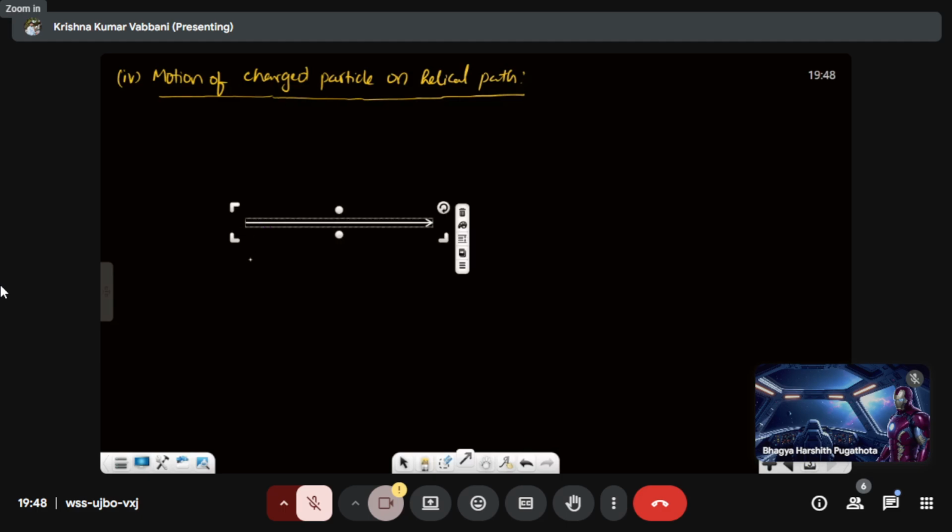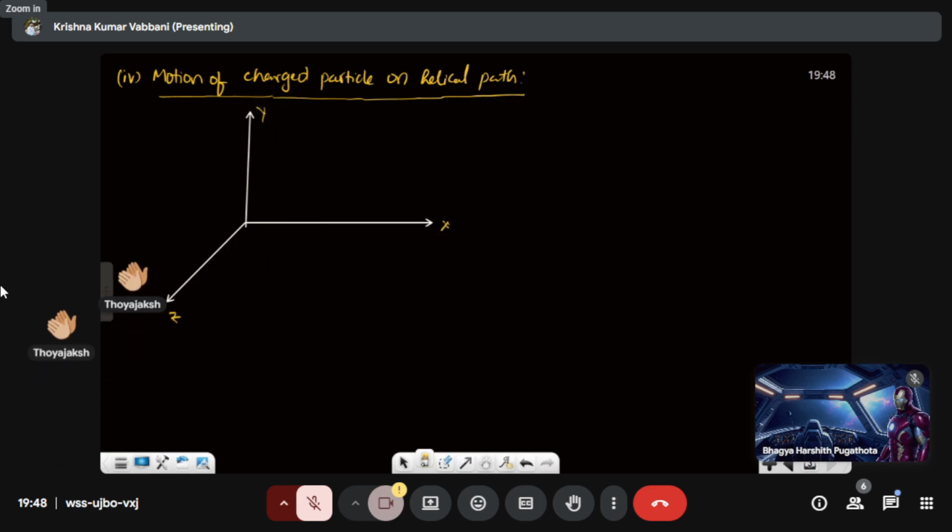I am taking the coordinate axes like this, x, y, and z. And the magnetic field direction is this side.